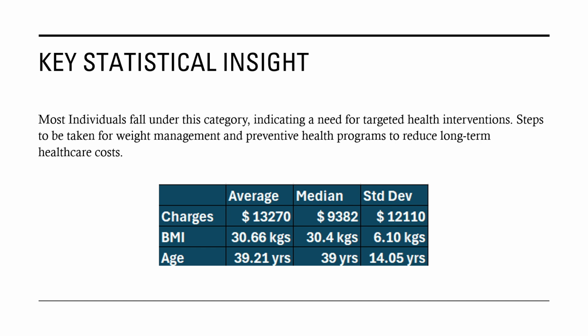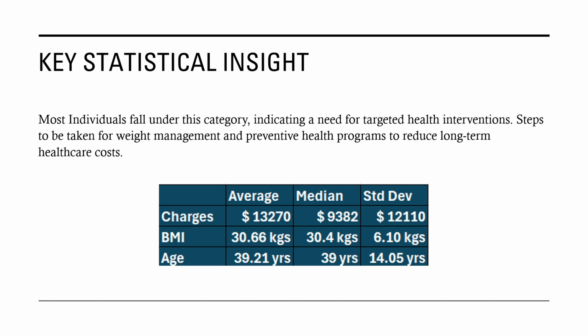Now, the key insights to be discussed: most of the category falls in the obese range based on the analysis, and most of them have to be taken as a targeted health intervention. Let's go towards this.